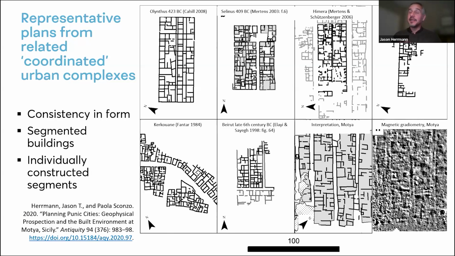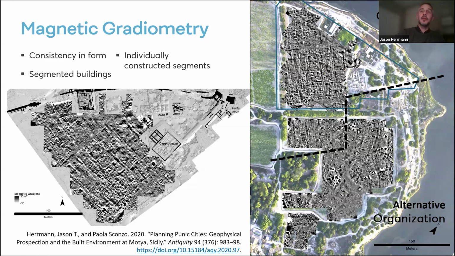This ordered view can be connected to Mediterranean cities, stretching back in time, but also from the east to the west end of the Mediterranean. Something shared by cultural Greeks, but also showing up in some ordered plans in North Africa, like here at Kerkouane, shown 6th century Beirut, and here's ours in the bottom right.